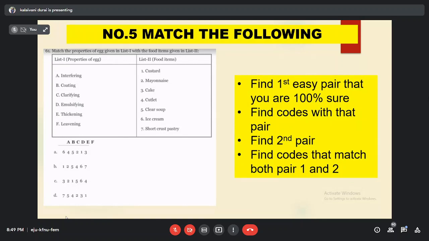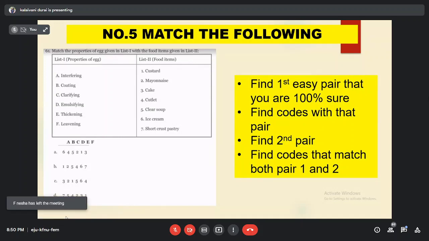For Srishti, leavening and cake सही लगा था. So you have to find जो आपको easy लग रहा है, जो आपको 100% पता है. You don't have to sit and match each and every option to list number 2. It's a waste of time. Okay, just find 2 things which you very perfectly know and just click the option. This will save you a lot of time and it will help you in elimination also.